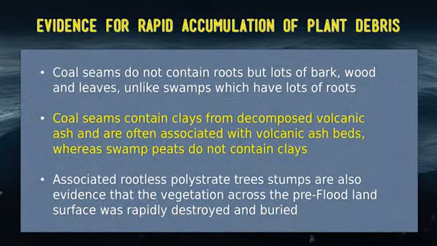As I said before, coal seams do not contain roots, but lots of bark, wood and leaves, unlike swamps, which have lots of roots. Coal seams also contain clays from decomposed volcanic ash, and coal beds are often associated with volcanic ash beds, whereas swamp peats do not contain clays at all.